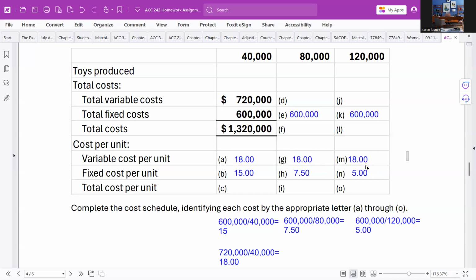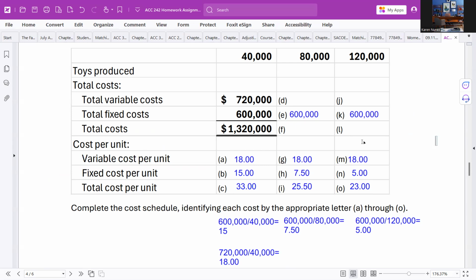So we've calculated all the per unit costs, and just using a little bit of math, we'll have a total cost. So 18 plus 15 is 33. And 18 plus 7.50 is 25.50. And 18 plus 5 is 23. And we have finished the bottom portion of the schedule.